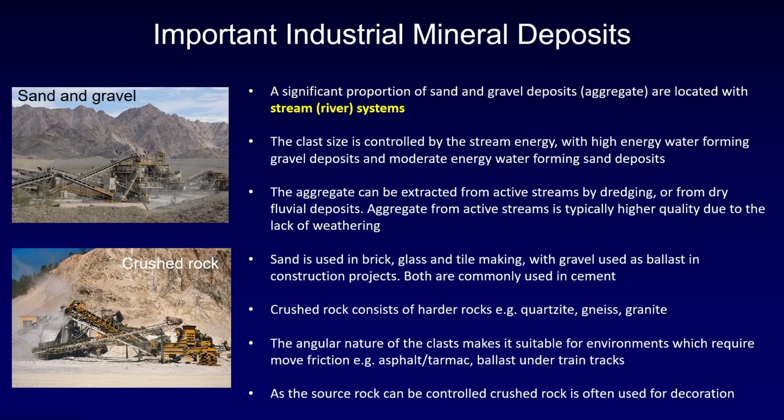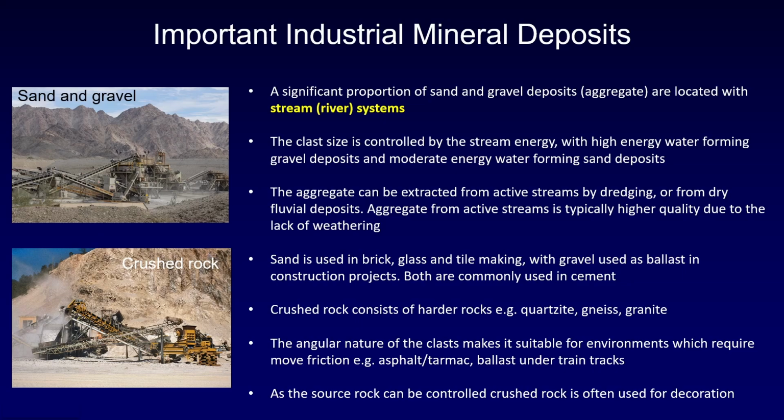And so when you are building a road, you're obviously going to have your bitumen, which is going to hold your clasts together, but most of your road surface is going to be made up of crushed rock. And because that crushed rock consists of a mixture of quartz and feldspar, it's going to be very, very resistant to the constant movement of tires over your road surface.